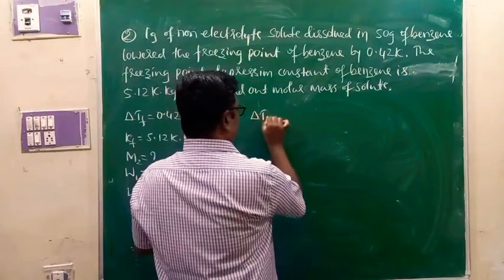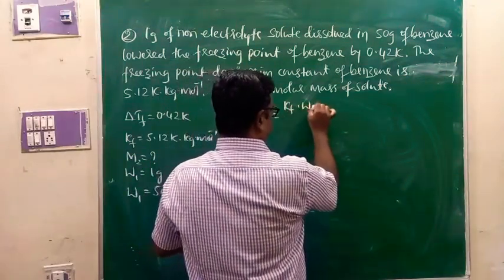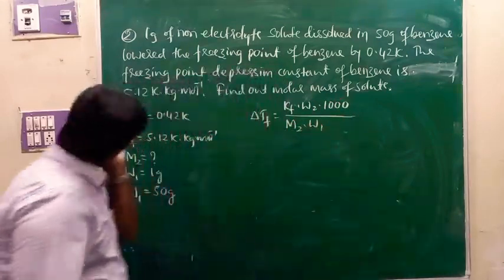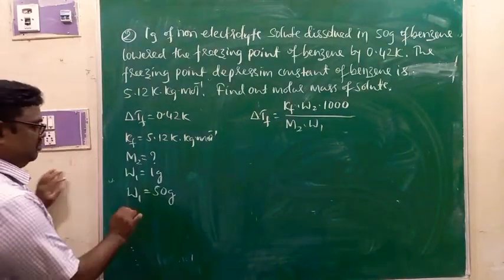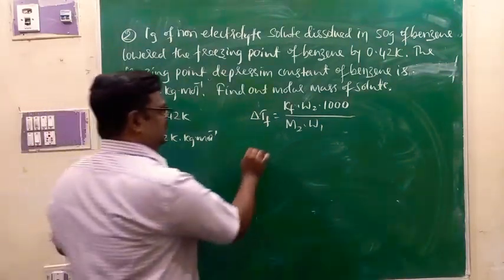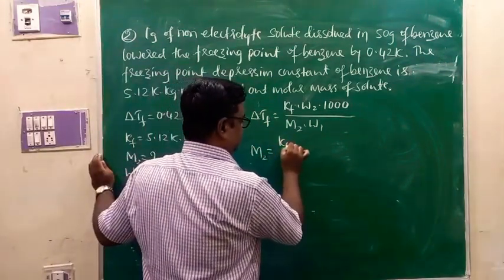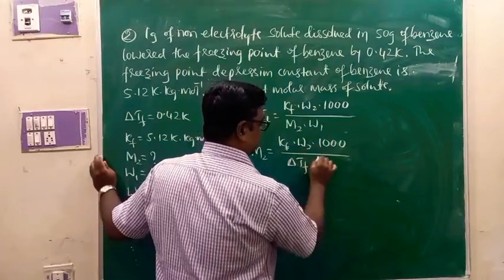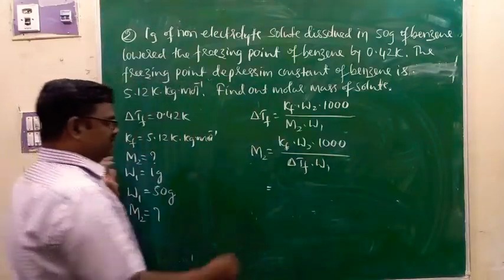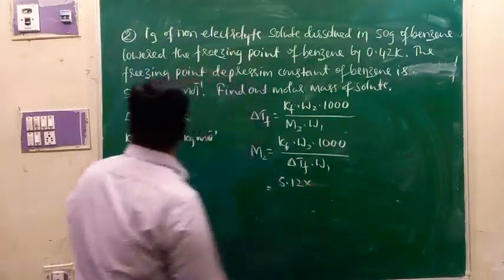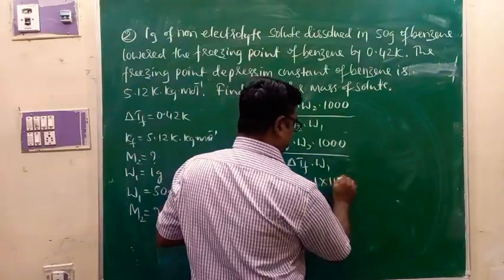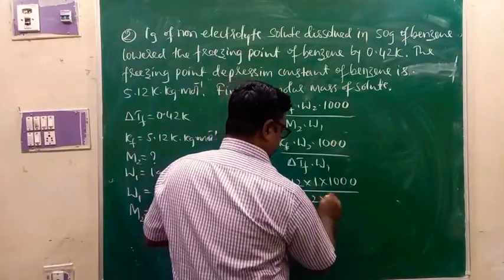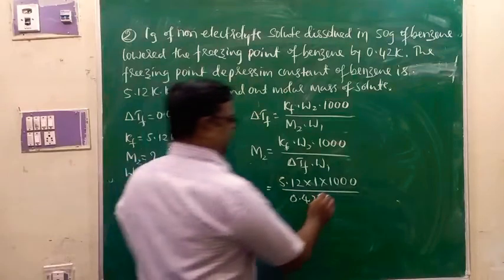Therefore delta TF equals Kf into W2 into 1000 whole divided by M2 into W1. Now you are supposed to calculate the molar mass, that is M2. M2 is equal to Kf into W2 into 1000, whole divided by delta TF into W1. Kf is 5.12, W2 is 1 gram into 1000, whole divided by delta TF, 0.42, into mass of solvent W1, 50 grams.